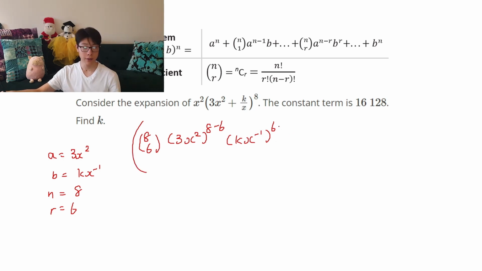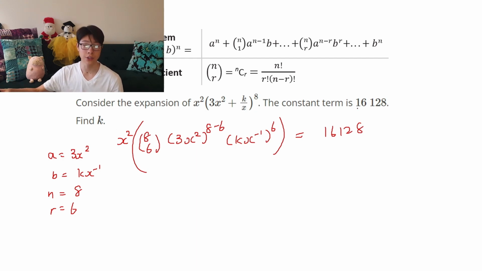And this right here will be our x to the negative 2 term. And when we multiply it by x squared, which is given in the question right here, we will end up with 16128. And this is the final equation that we need to solve for this question.